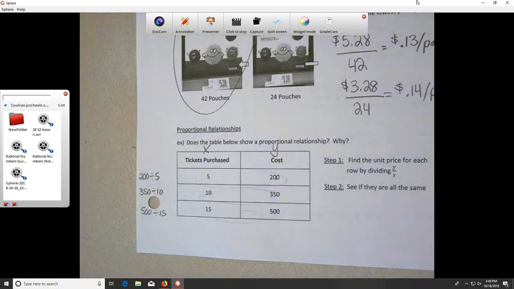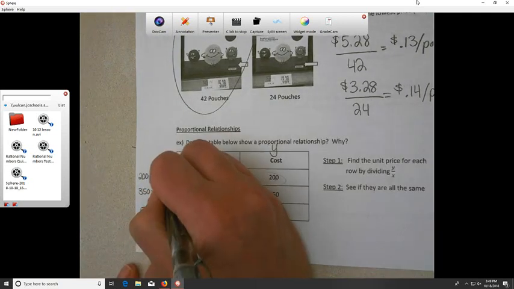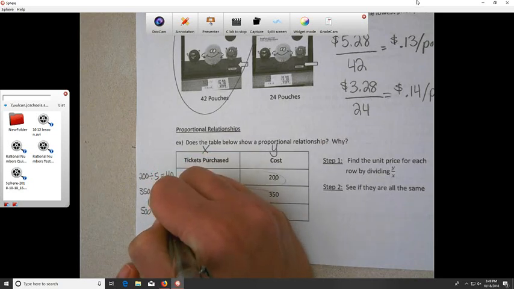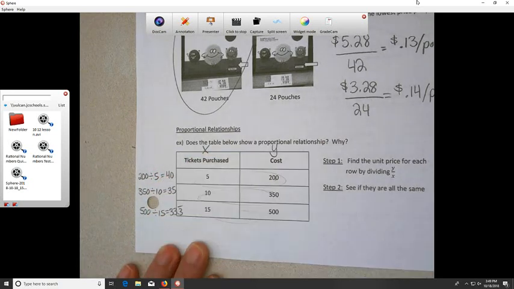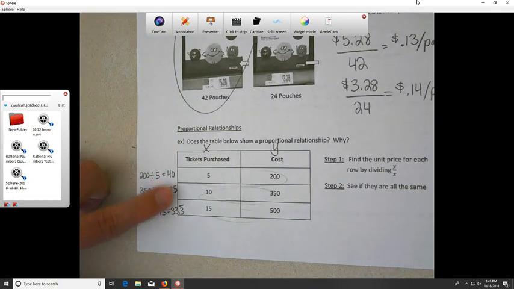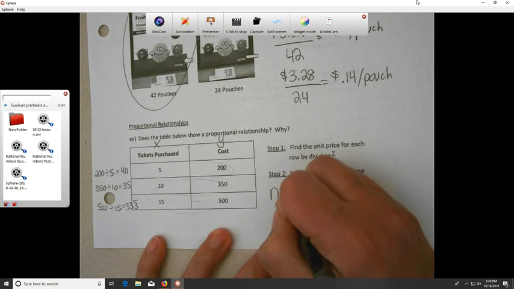Alright, so you take your calculator and you divide each of those. And if you do that, you should get 40 for this one, 35 for this one, and 33.3 repeating for this one. So when I look at these, I can see they didn't all come out the same. So I'm going to say no, this is not proportional.